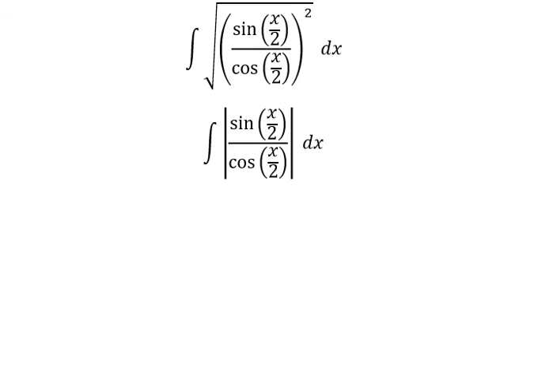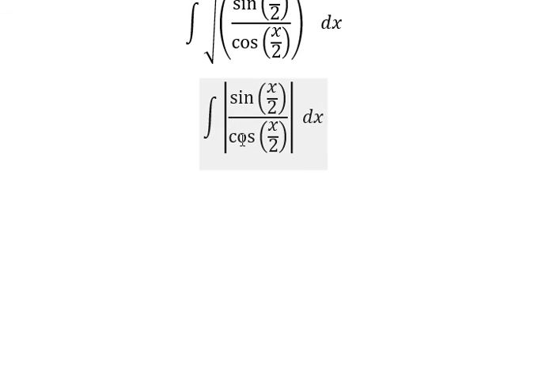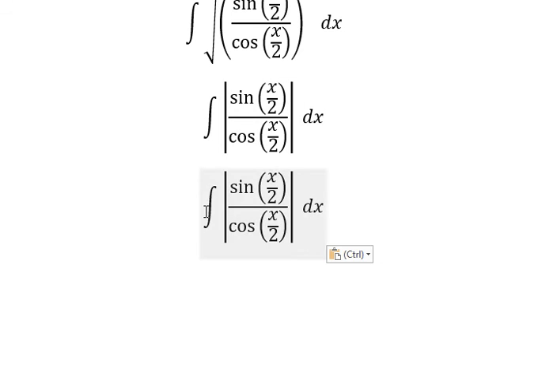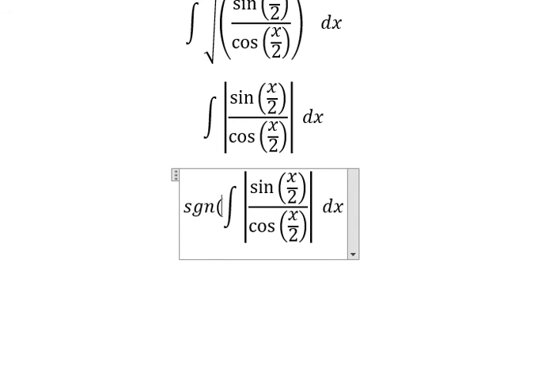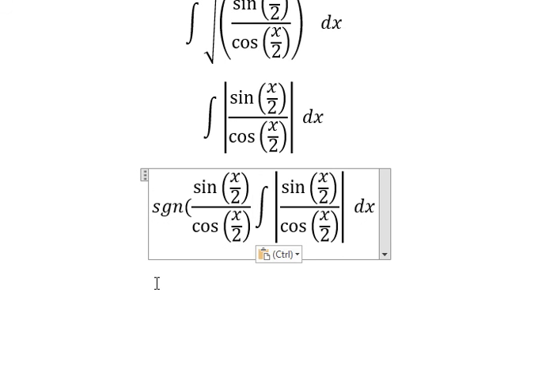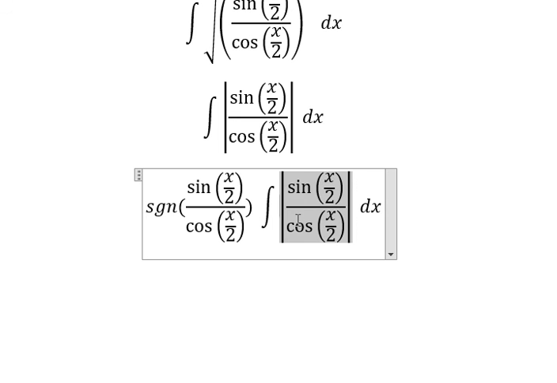So if we want to open the absolute value, we need to put the sign of this one, because we don't know whether this is positive or negative inside the absolute value. So we need to use the sign of this function in here. And we can open the absolute value in here.